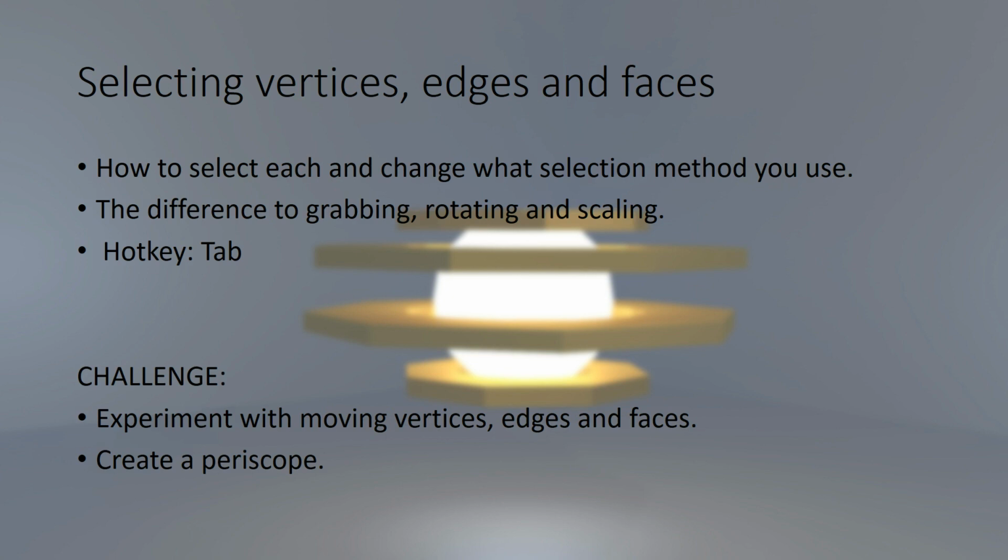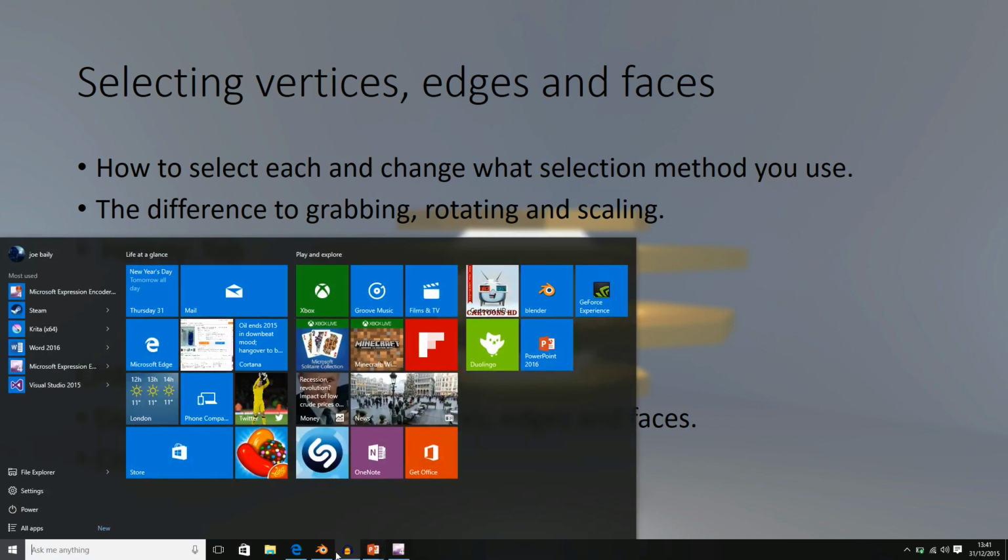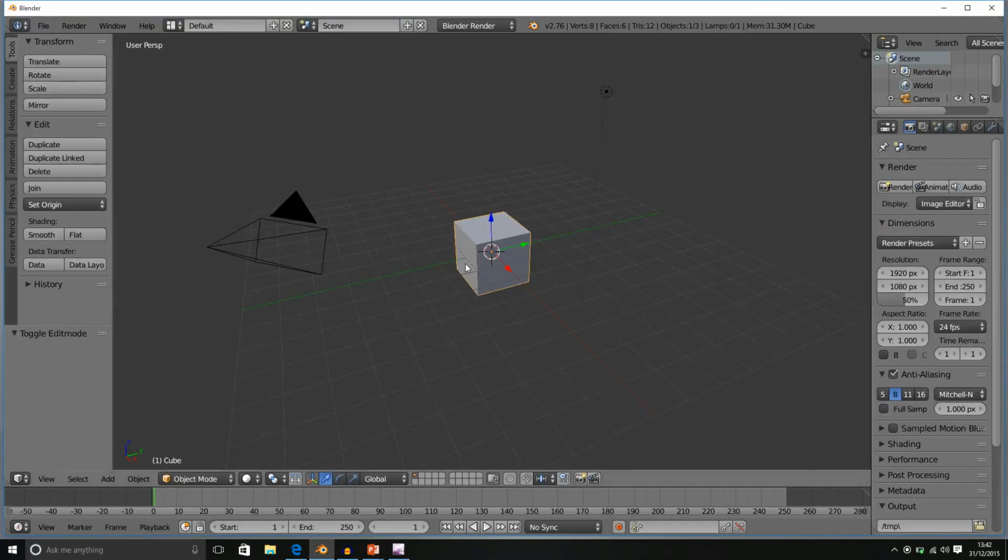And we're going to look at the difference between grabbing, rotating and scaling with each of these selection methods. And I'm going to be using the hotkey, which is the tab button. Afterwards, we're going to be giving you a couple of challenges. So let's go into Blender.